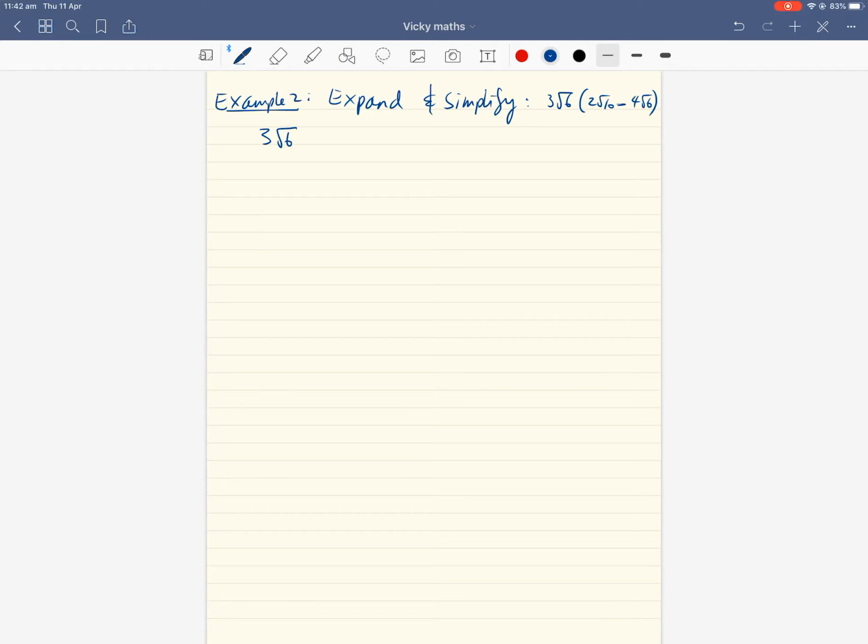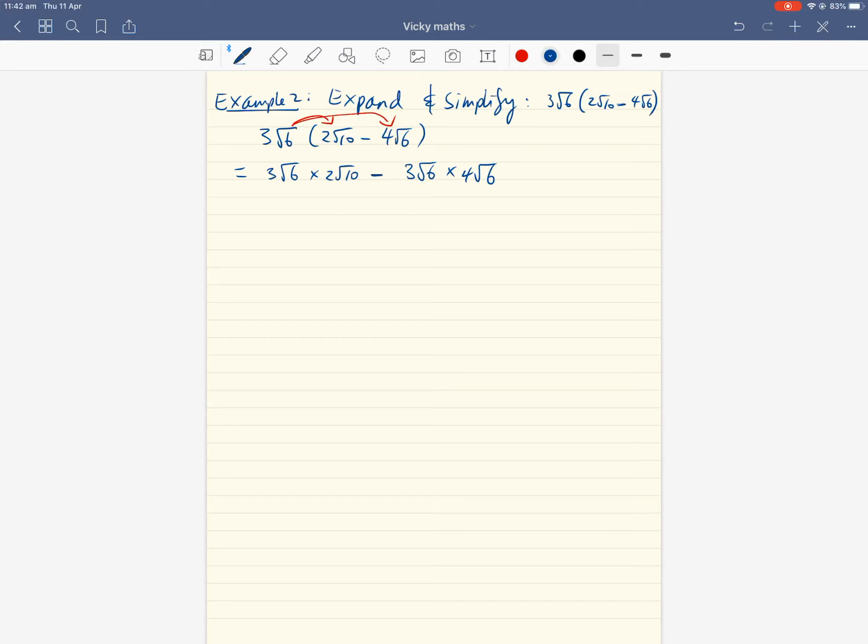Alright, so 3 root 6, 2 root 10 minus 4 root 6. Let's distribute it like we do with the brackets. So 3 root 6 times 2 root 10 is our first term, and then we have to take away 3 root 6 times 4 root 6.